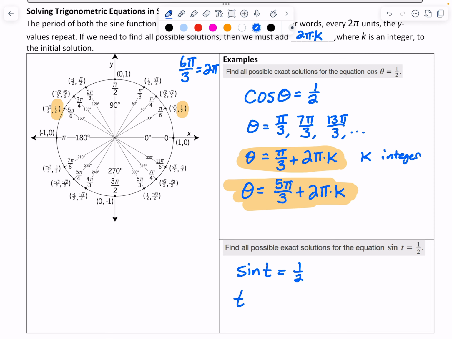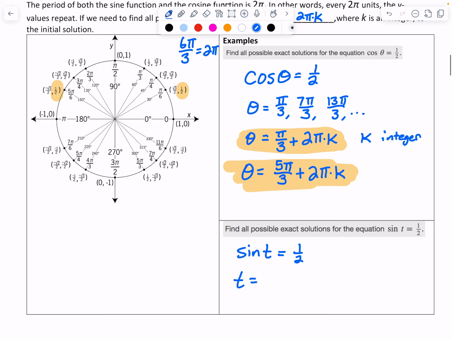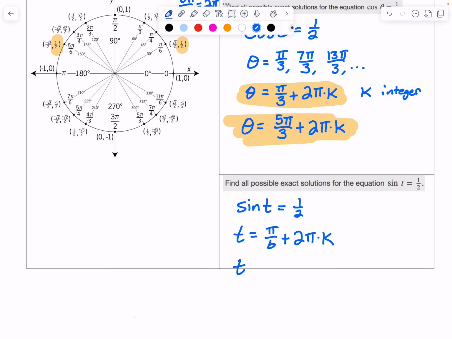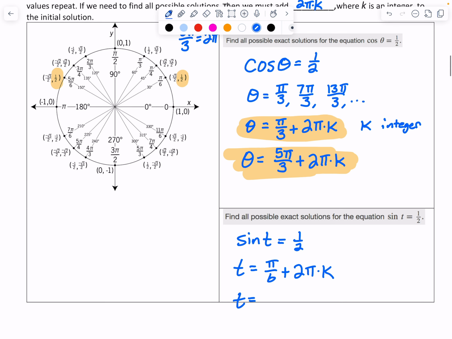So I know t is equal to, well, y is 1/2 there at pi over 6, and then I'm going to add a full revolution times k. My second answer is going to be 5 pi over 6, the other one I highlighted over there. Those are where my sine, the y, is 1/2, and I add 2 pi k, and k is an integer. So there are my two answers.